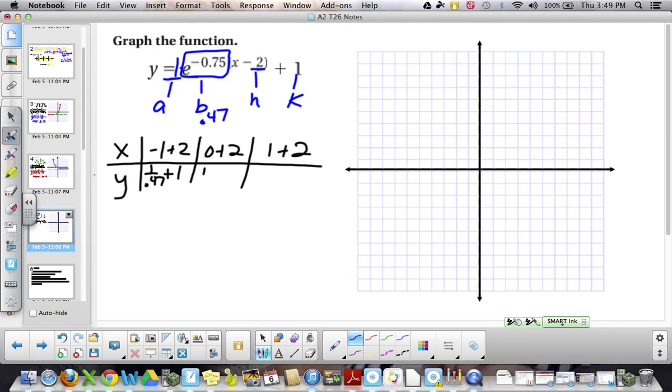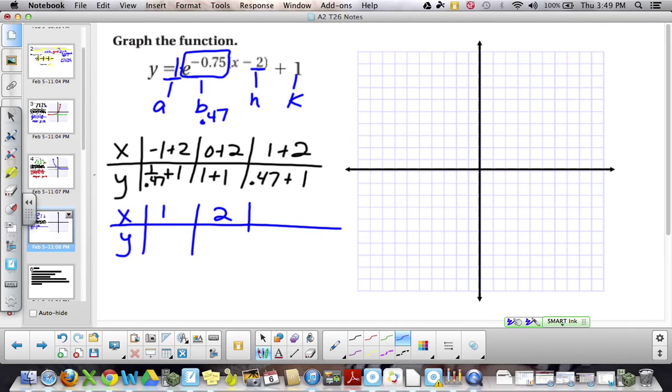Then a plus k, so 1 plus 1. And lastly, a times b, so just 0.47 plus 1 plus your k. So those values, negative 1 plus 2 is going to be 1, 0 plus 2 is 2, 1 plus 2 is 3.